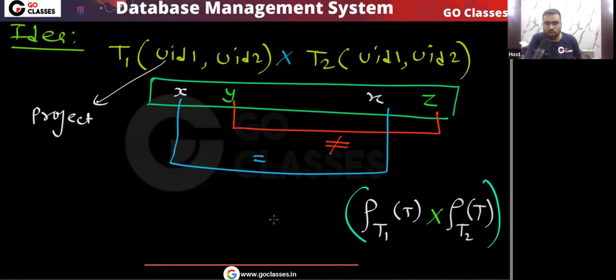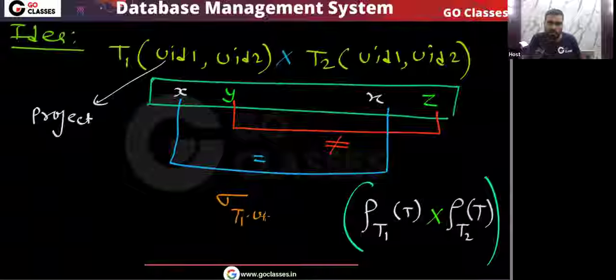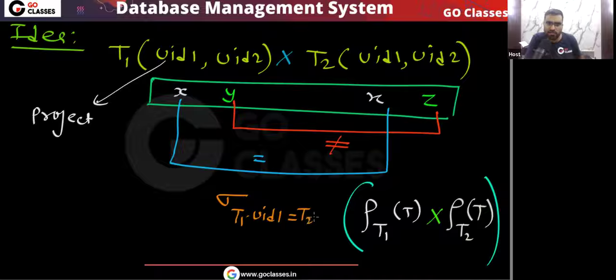In this renaming and cross product, now what do I want? I want to select those tuples where T1 dot UID1 should be equal to T2 dot UID1, and, I can say this is the symbol for and.